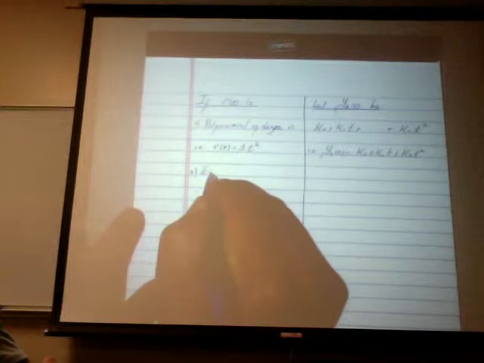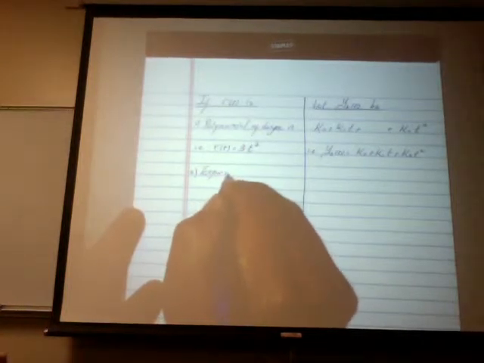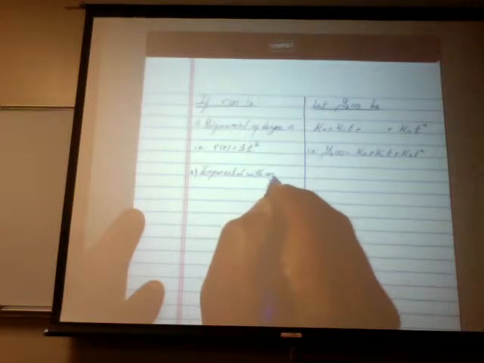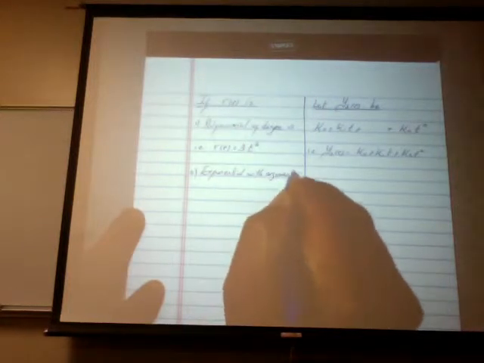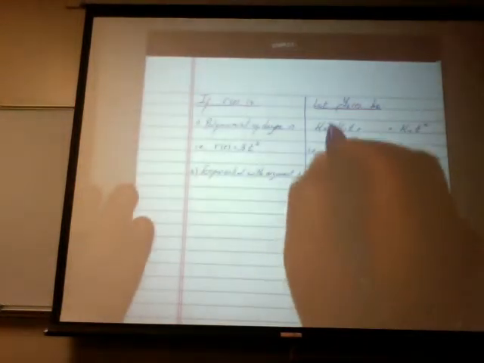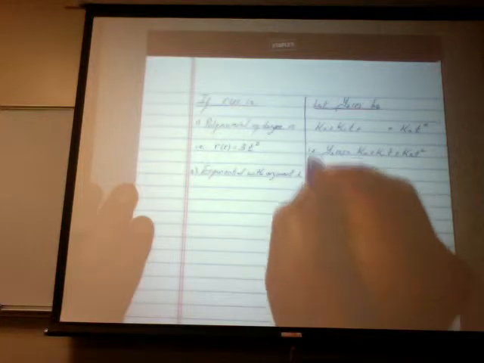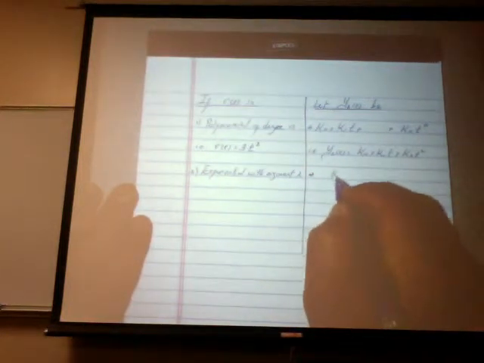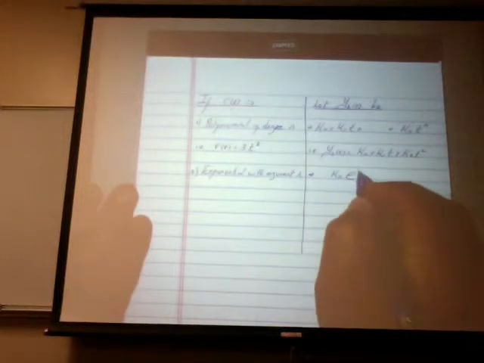Second, what if the forcing function is an exponential with argument lambda? Then you let ys be k0 times e to the lambda t.